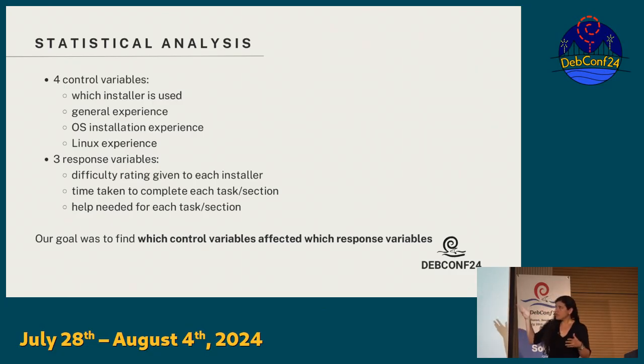And the 3 response variables came from their feedback: difficulty rating, so they could rate difficulty level from 1 to 5, given to each installer, so we asked for one and for the other; time taken to complete each task or section; and help needed for each task or section. And our goal is to find which control variables affected which response variables.